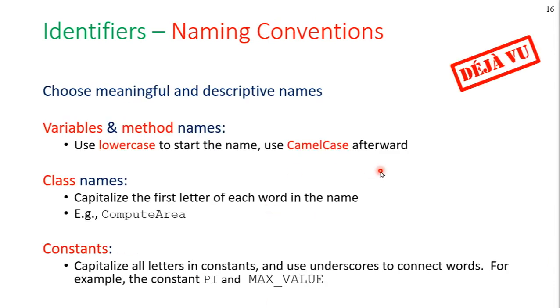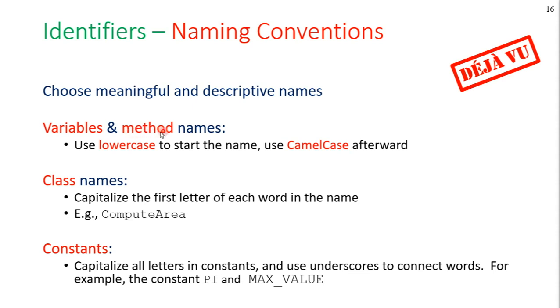Naming conventions. So the previous slide was syntax, right? This is stuff that makes the compiler yell at you if you do not respect the syntax. And this is the convention among human programmers. We talked about the camel case notation.